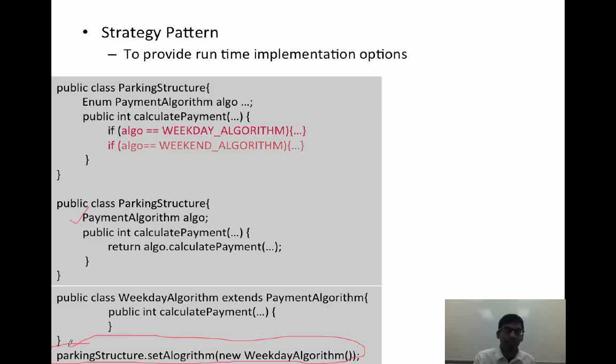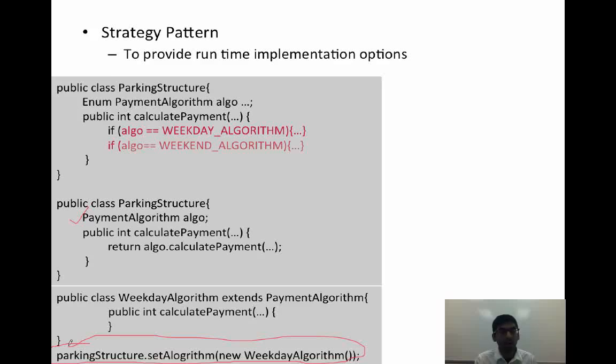So the advantage of doing this is not just to avoid the if-else statement, it also separates the code better. It has low coupling because the payment algorithm class can be compiled separately, and you can easily introduce newer payment algorithm classes.